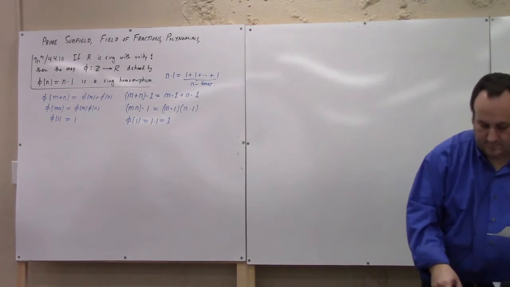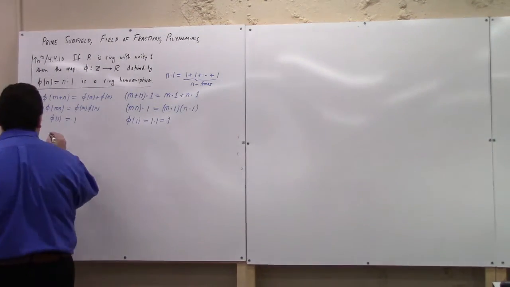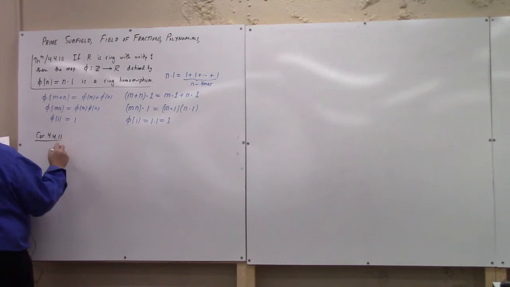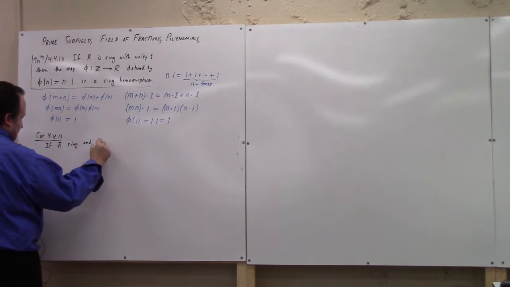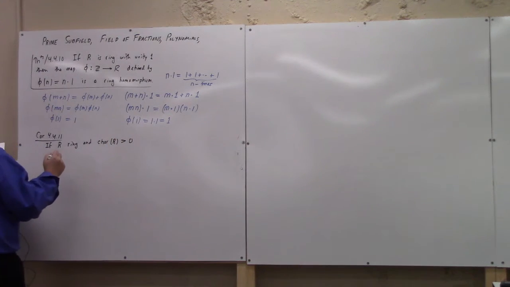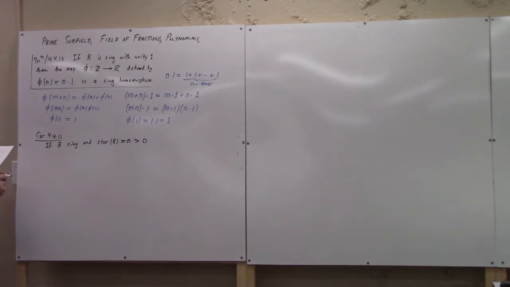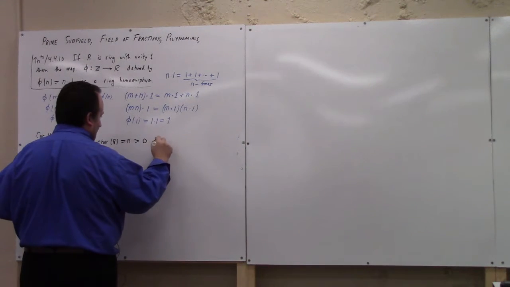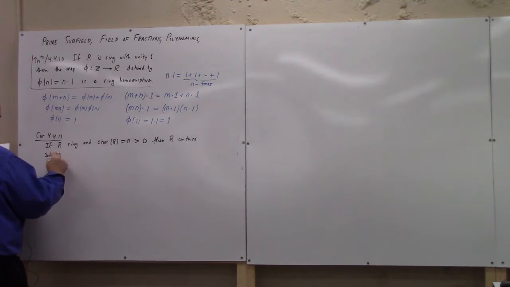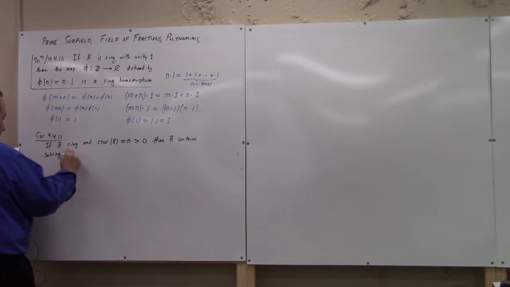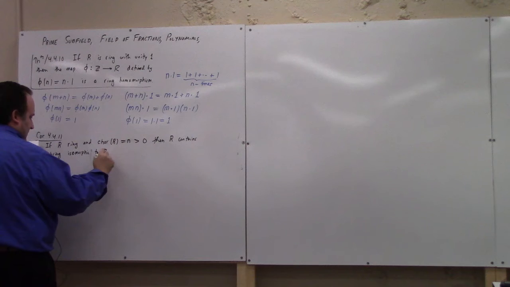Corollary 4.4.11 says if our ring R has characteristic greater than 0, let's say equals n, then R contains a subring isomorphic to Z mod n.